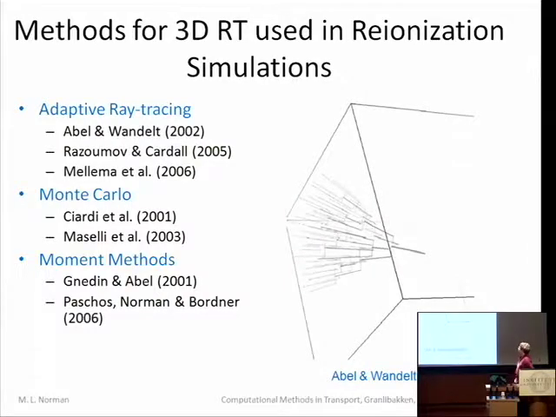So this slide summarizes some of the methods that have been developed for doing 3D radiative transfer in cosmology. They're all solving the transport equation without the cosmological terms, other than doing the gradients in co-moving coordinates. The most popular is this adaptive ray tracing developed by Abel and Wandelt.